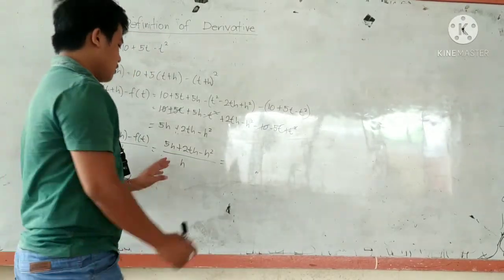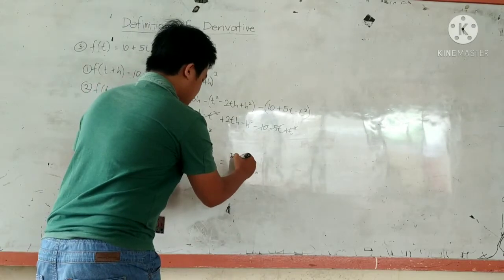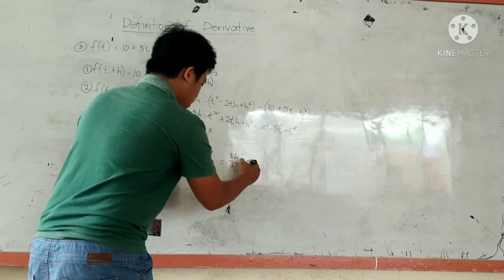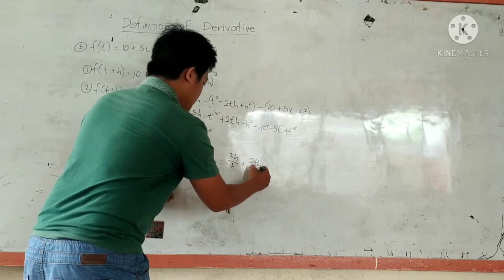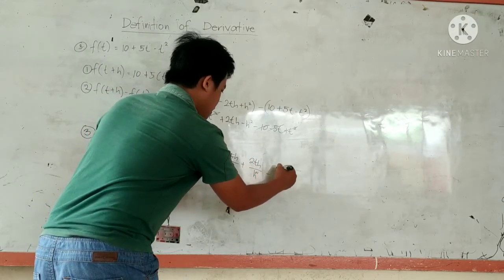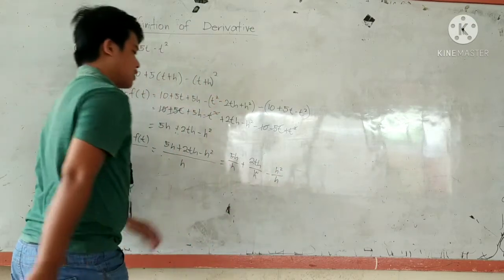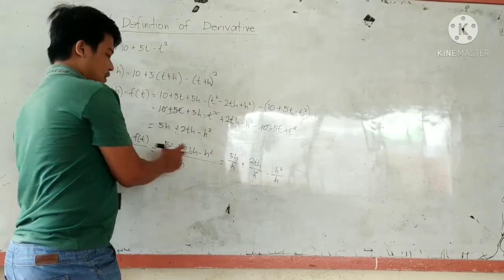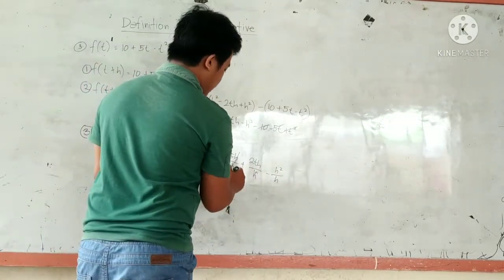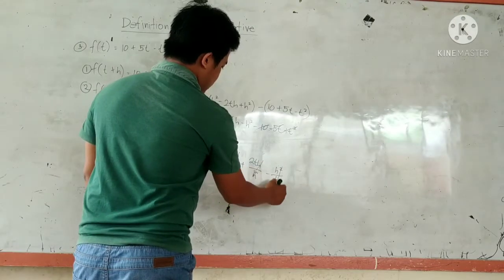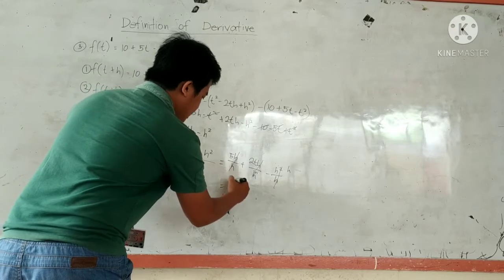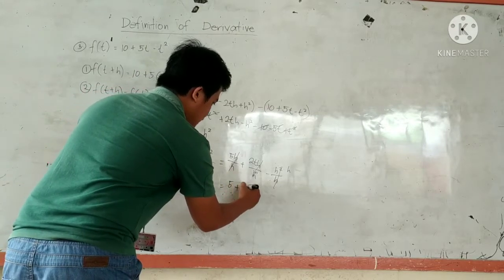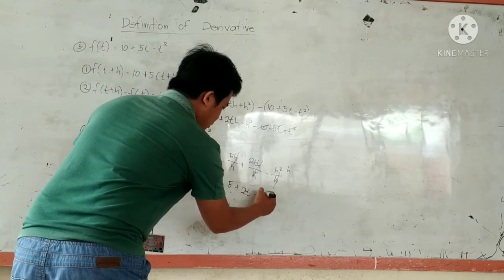You can see it as 5h over h plus 2th over h minus h squared over h. There will be an h canceled, so what's left will be 5 plus 2t minus h.